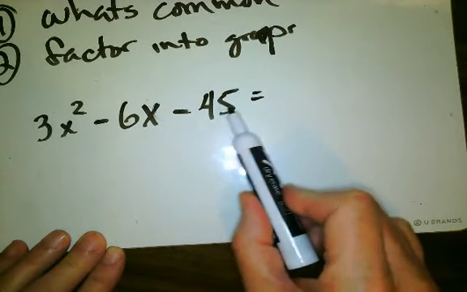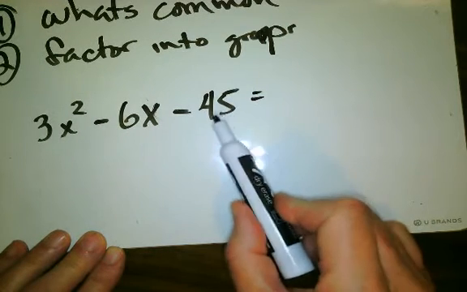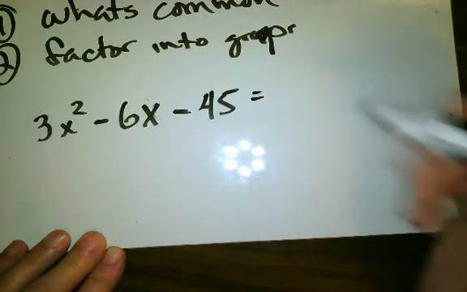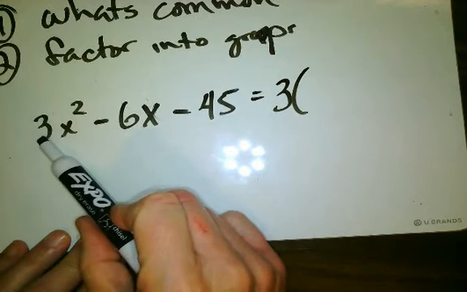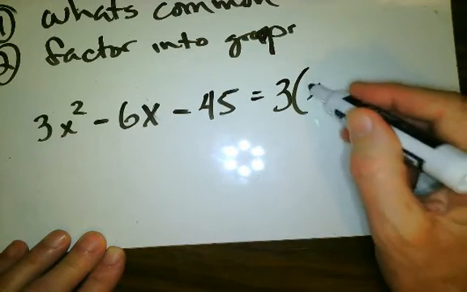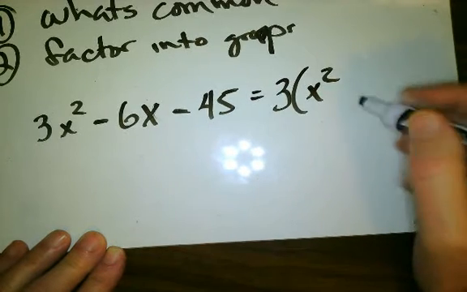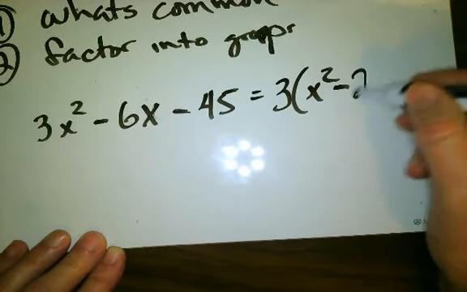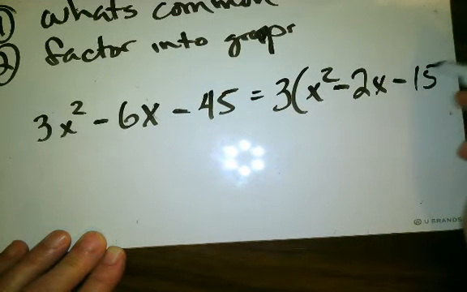If you add these two numbers together, 4 and 5 is 9. 9 is divisible by 3. That means 45 is divisible by 3. So I'm going to take the 3 out. Now that means I divide by 3. That leaves me with x squared. I divide by 3. That leaves me with negative 2x. And I divide by 3. That leaves me with 15.